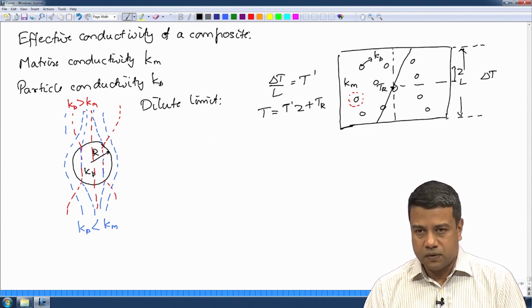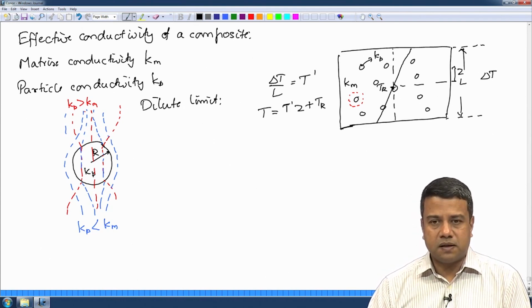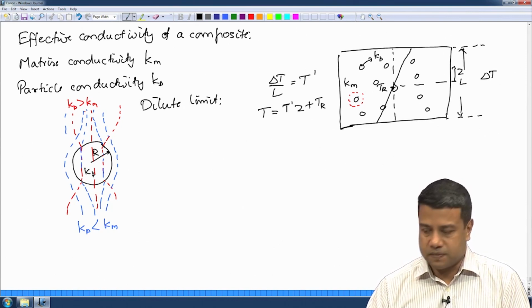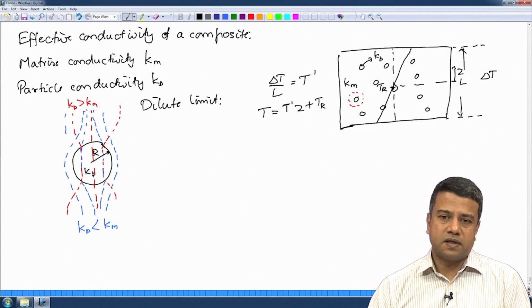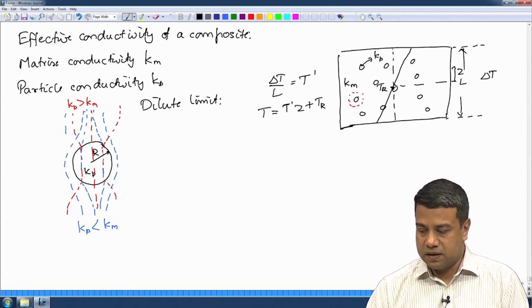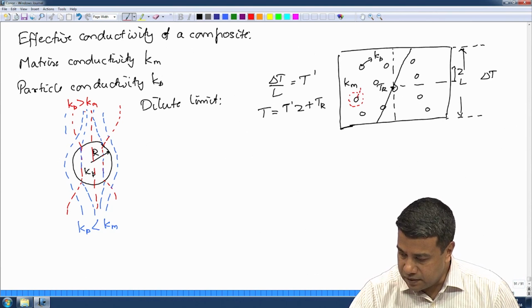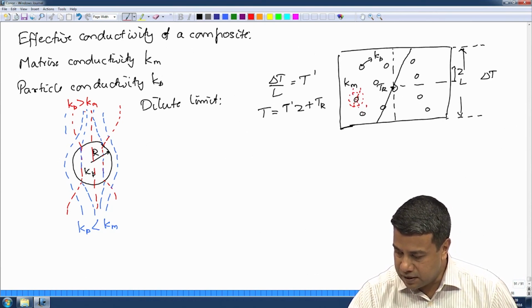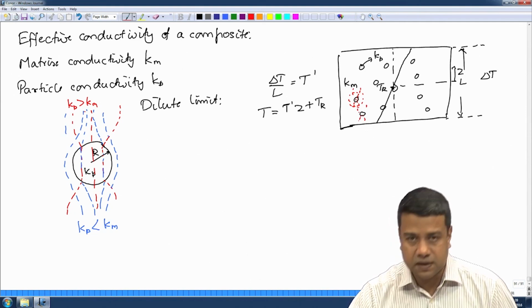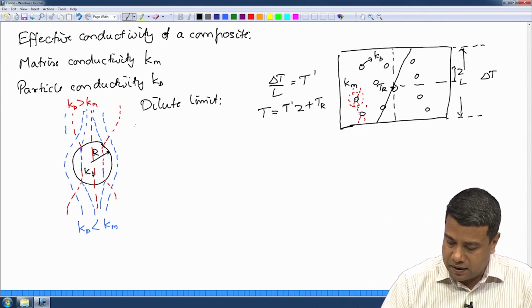What that basically means is that the particle number density is sufficiently small, the particles are sufficiently well separated from each other that the disturbance to the temperature field due to one particle does not affect the temperature field around the other particle. So, this is what is called the non-interacting limit.